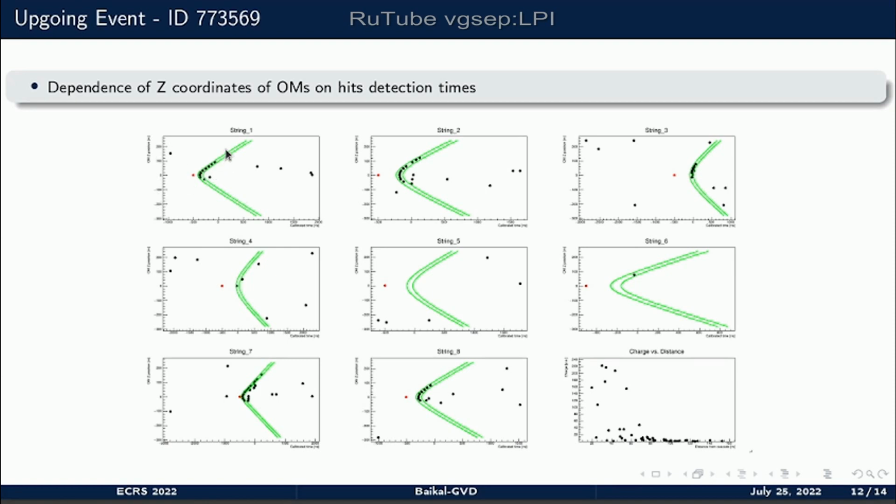So we can see that for one cluster we had eight strings, and these experimentally detected hits lie in these green time regions. But it is not the final result. A more sophisticated analysis should be done about this event, but there can be some indication that this event can potentially be produced by a neutrino interaction.